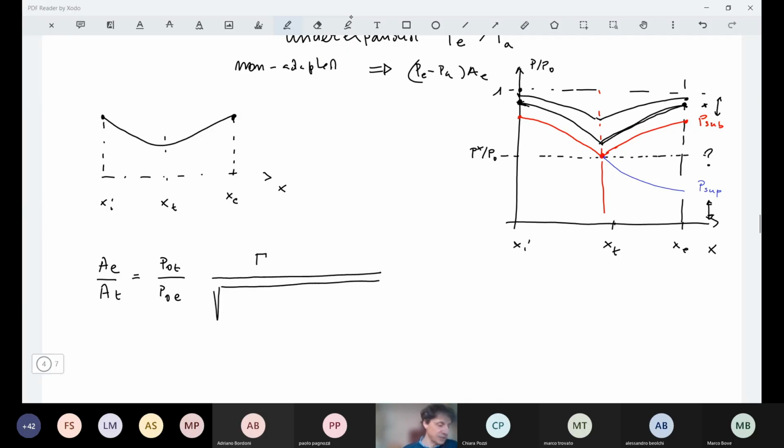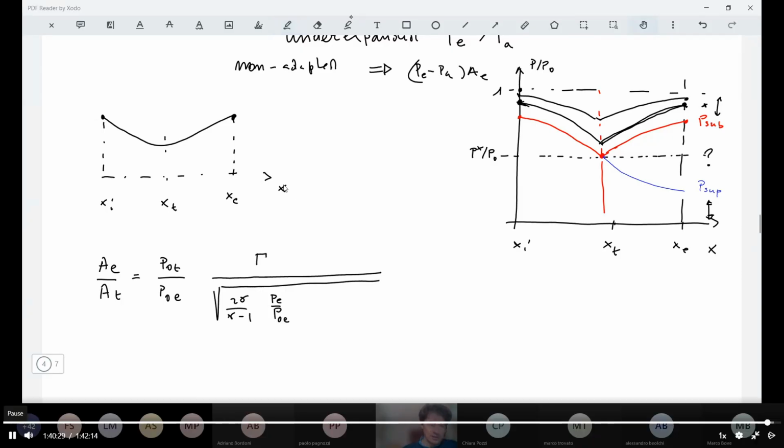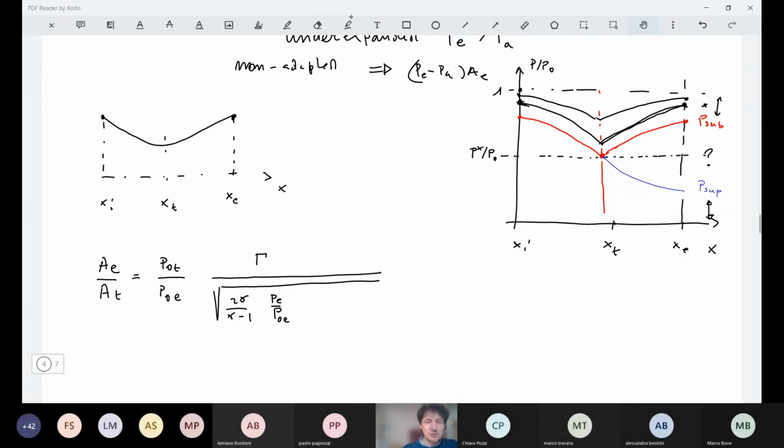And this was the expression that you have got for the area ratio in the isentropic case. So this could be related to the isentropic branch after a change of total pressure. So the new isentropic flow will be based on this P0E, and this will be the one which is related to the exit conditions.